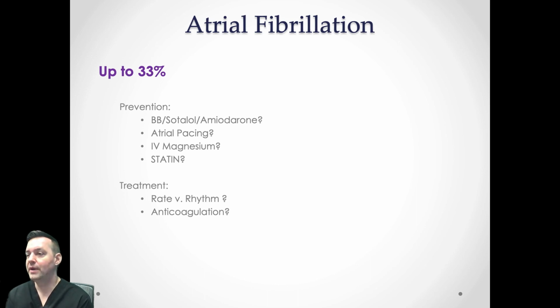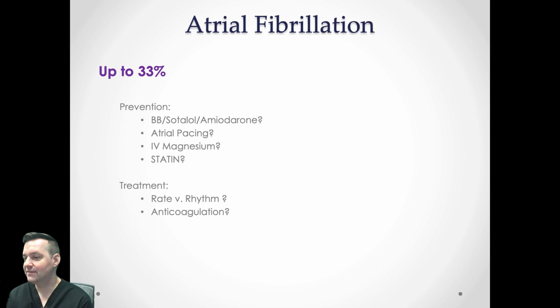So beta blockers are good for prevention. Sotalol and amiodarone have all been studied, all sort of equivocal in terms of preventing AFib. That's why you want to get your beta blocker on post-op day 1 if the patient can tolerate it hemodynamically. If they go into atrial fibrillation, you can bolus them with amiodarone in an effort to convert them back to sinus rhythm. Sotalol is not used as often due to a higher association with bradycardia or hypotension.